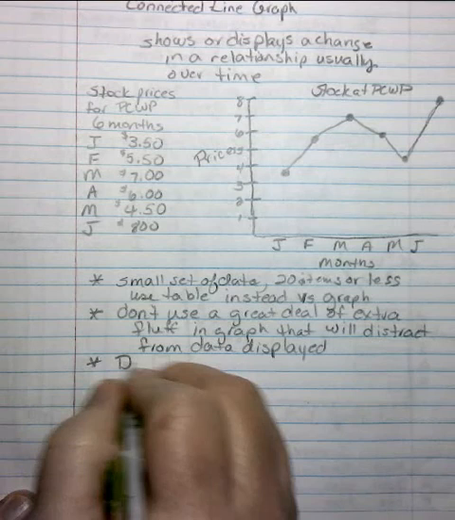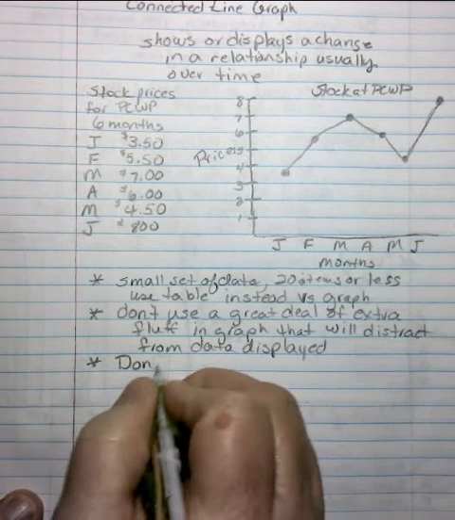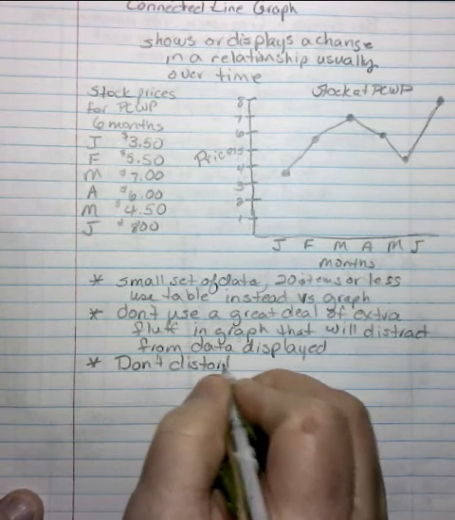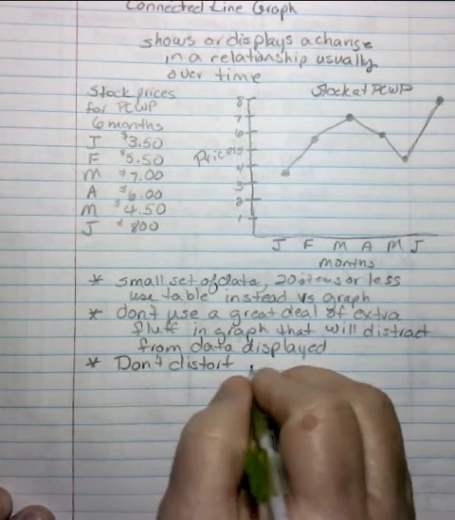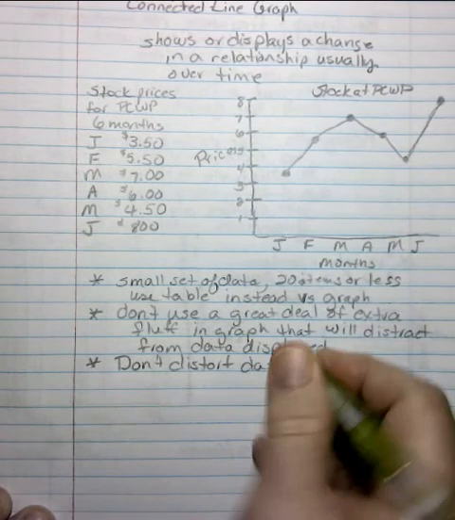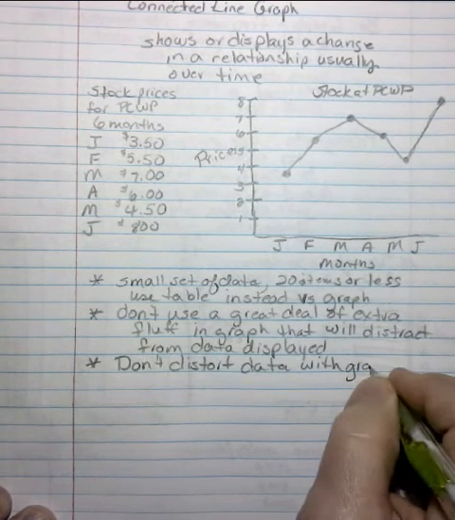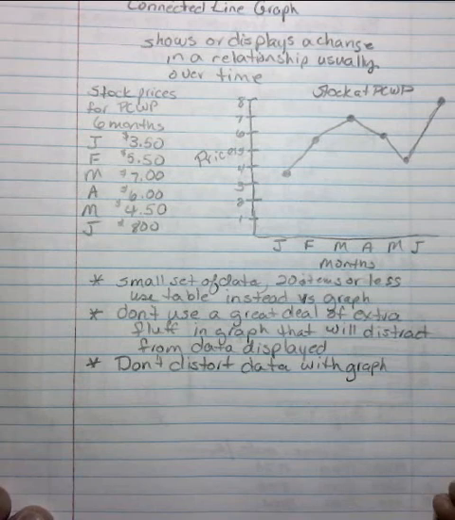We had talked about this earlier with the picture graphs: do not distort the data. And this can happen too with the scales that you use, not only with the pictures.